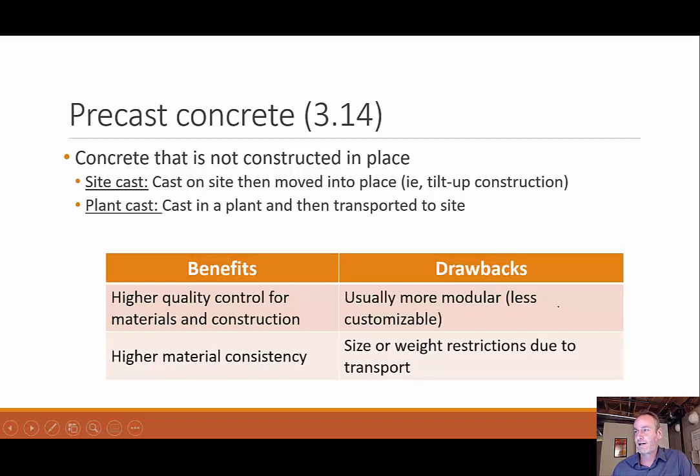Drawbacks: it's more modular, meaning you're probably going to have the same shape over and over. And like I said, you see them traveling down the street, so you can only travel down the street with such a big size in the back of your semi. So there are definitely some restrictions to the size that we can bring out to the site.